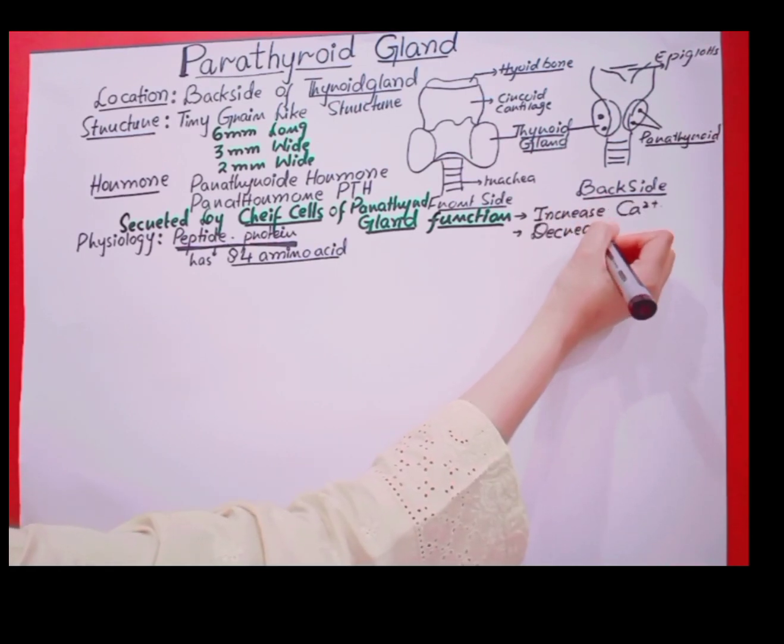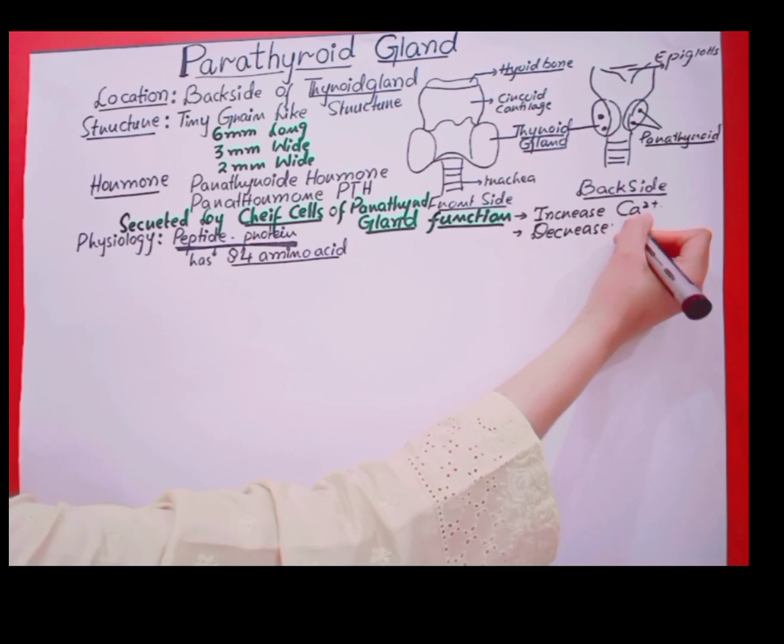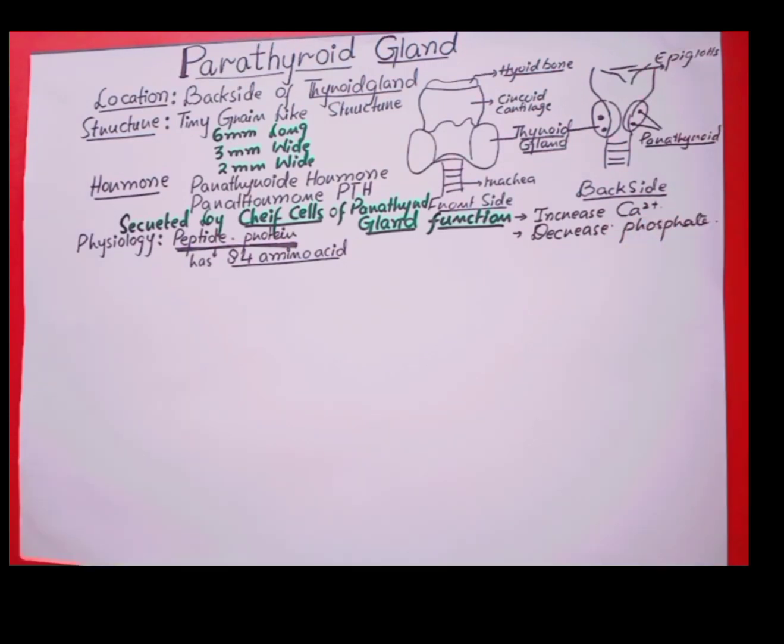It decreases the reabsorption of phosphate. Now, what is the mechanism by which this parathyroid hormone increases the level of calcium and decreases the phosphate level? So, for this, we discuss the mechanism.